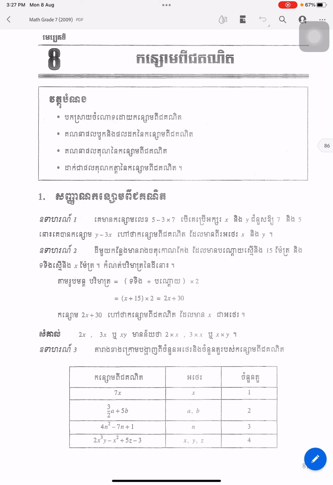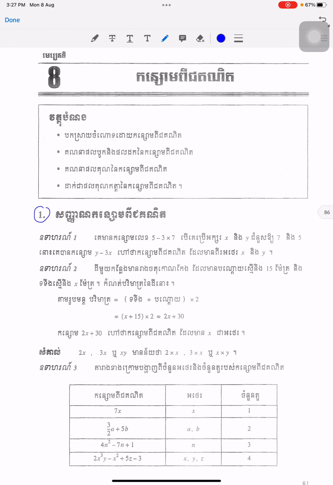identifying the algebraic expression. So you can see in the textbook for grade 7, the first one is the identification of algebraic expression. What does it mean in English? Algebraic identifying, or identification of algebraic expression.